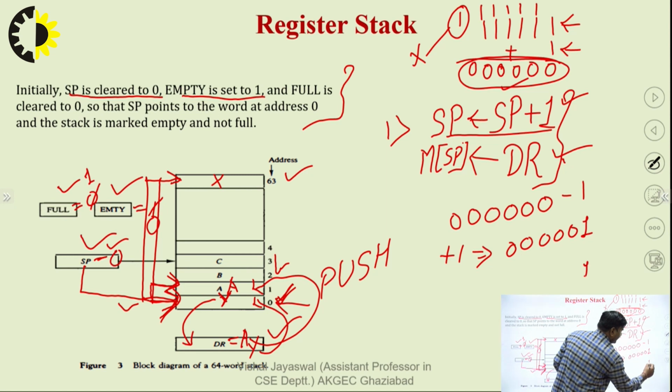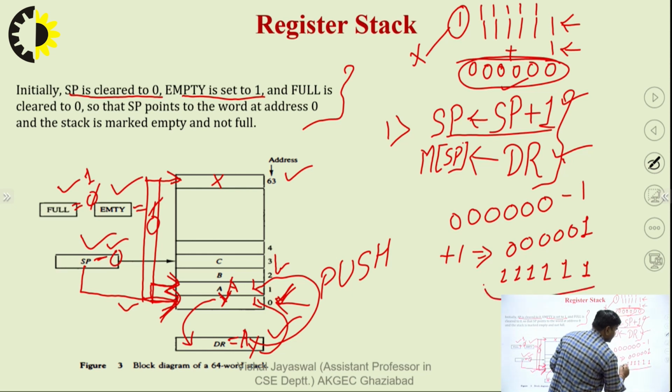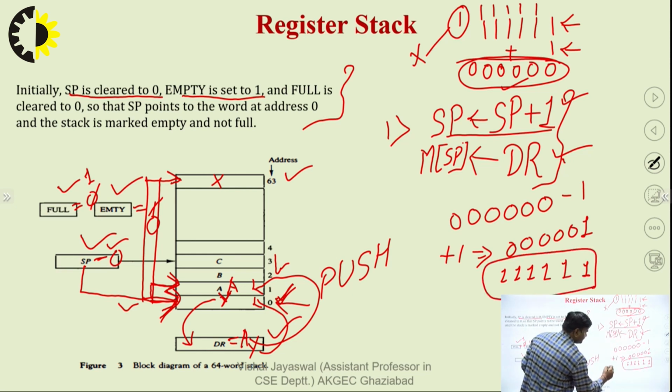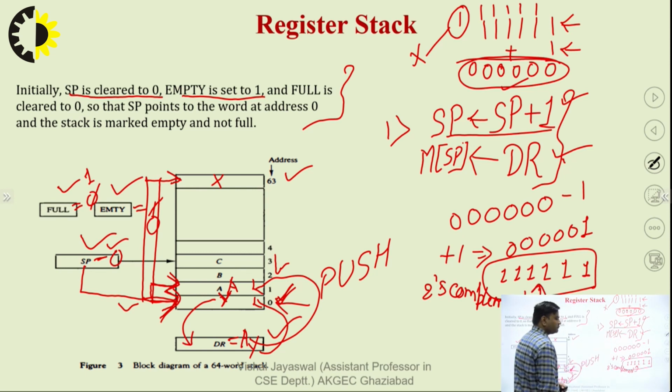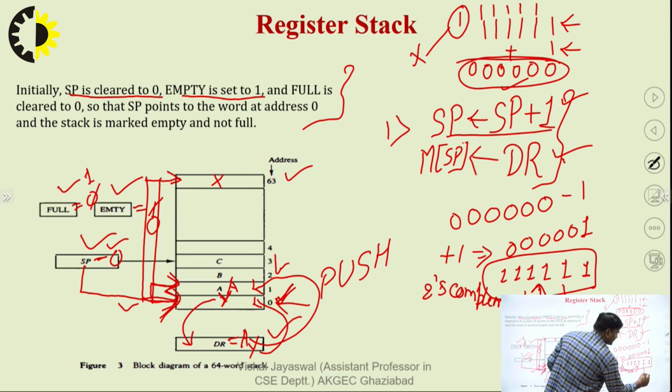What is the 2's complement? That is 1, 1, 1, 1, 1, 1. This is the 2's complement, so this is minus 1.